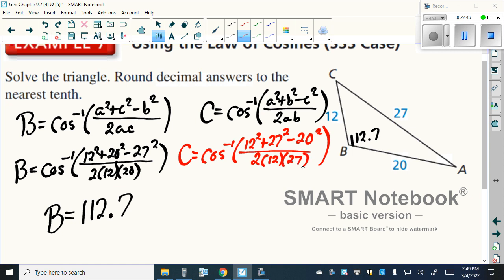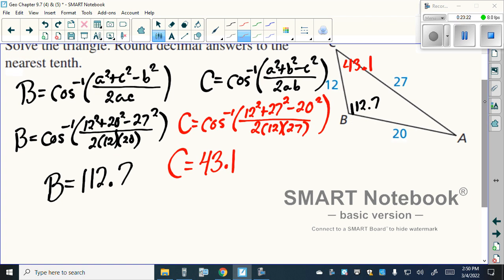So really we're switching out the 20 and 27, flipping their spots, and typing that in. 27 is becoming positive, and the 20 became negative. And we typed this in the calculator. I believe we should get 43.1. So C is 43.1 degrees.